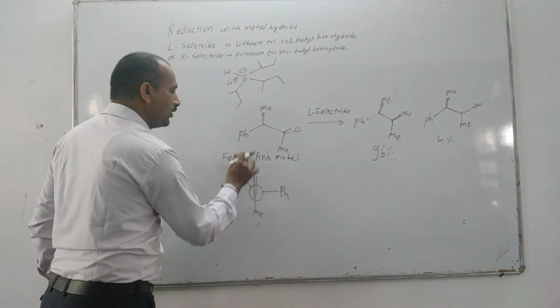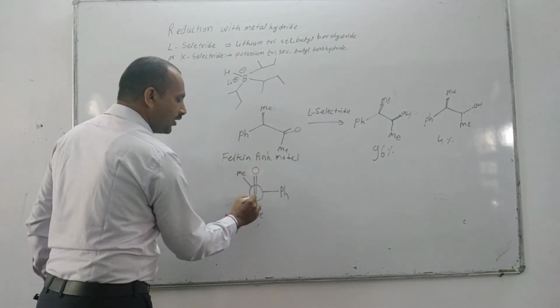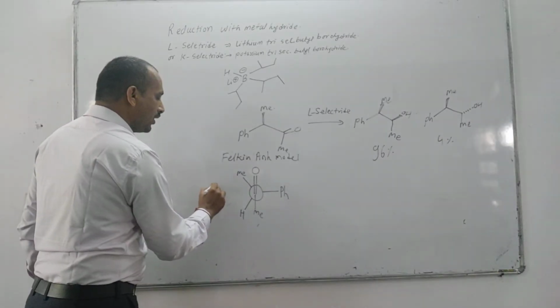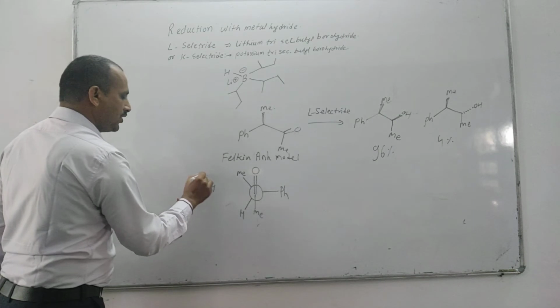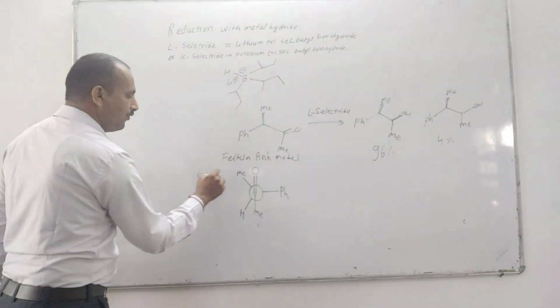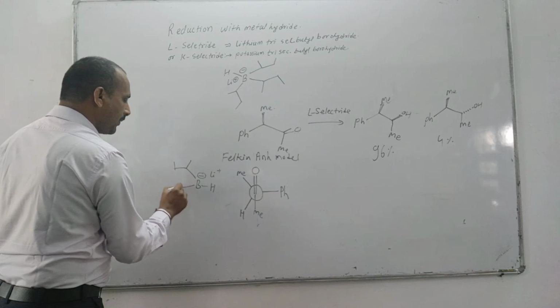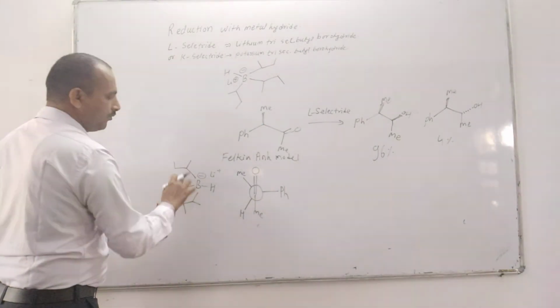Then the smaller group, that is Me, is present along the side of Me, and the smallest, hydrogen, is present on this side. Then the hydride, that is L-Selectride, BH minus Li plus, tri-sec-butylborohydride.